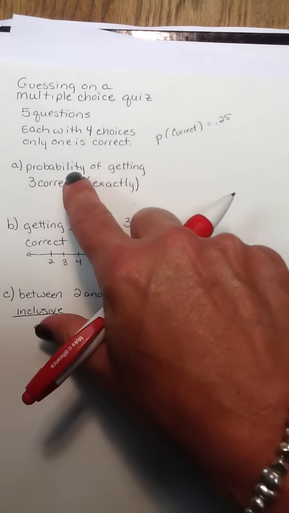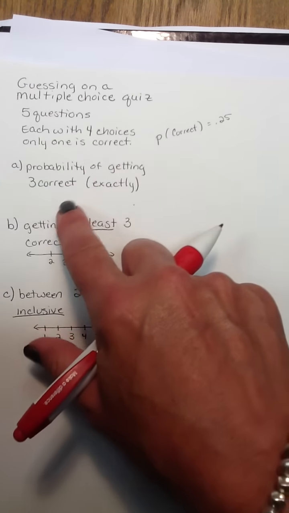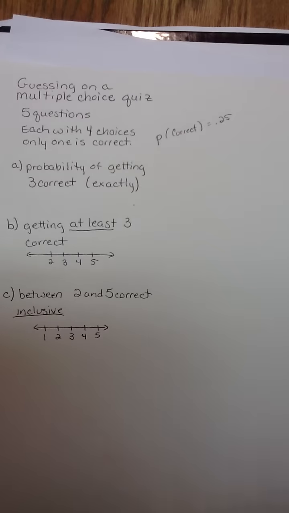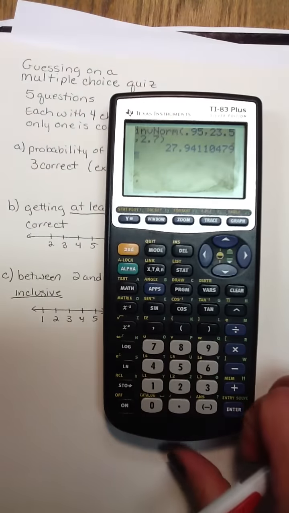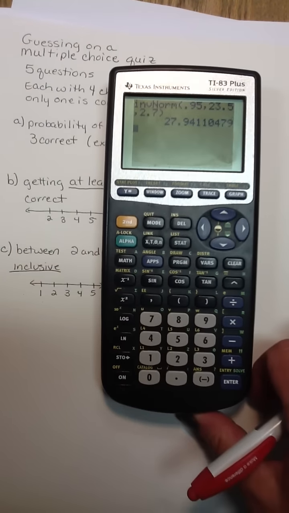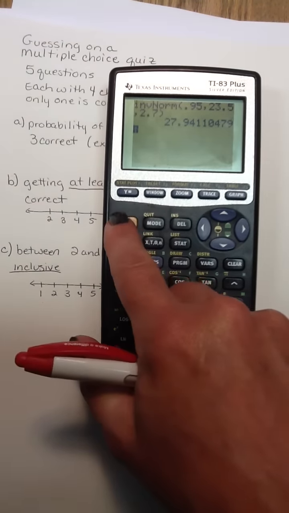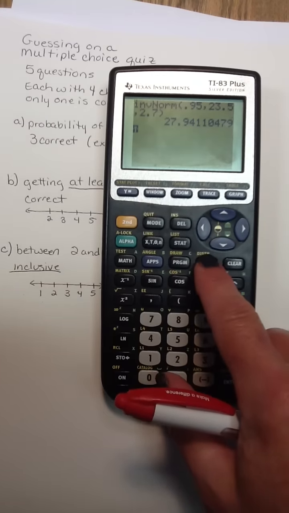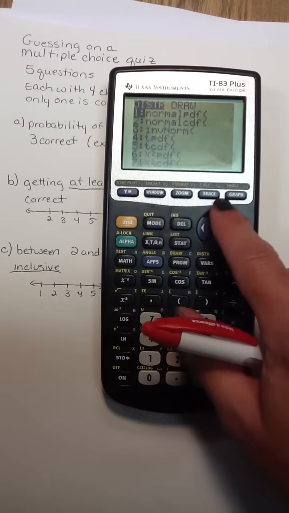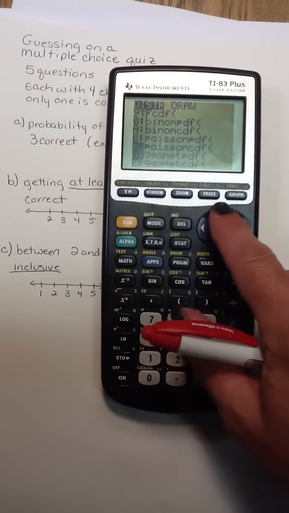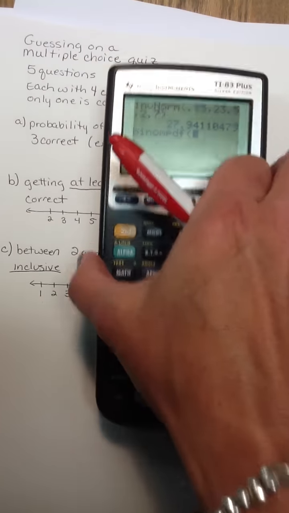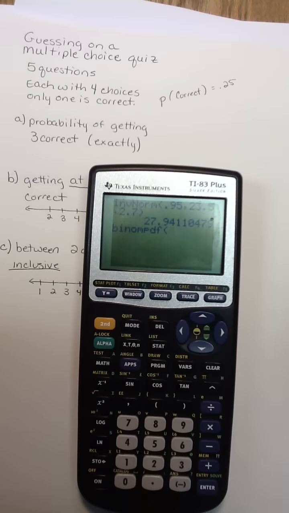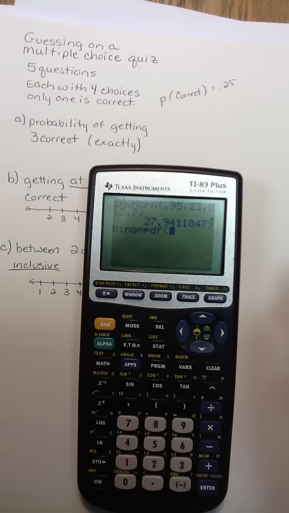So now what we're going to do is calculate the probability of getting exactly 3 correct. Now we're going to go to our calculator, and since it's exact, we're going to use the binomial PDF, P for precise, under our distribution function. So second vars, we're going to arrow to the binomial PDF function, and we're going to put in our n, p, and x values.